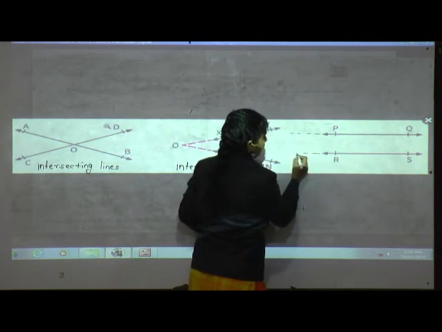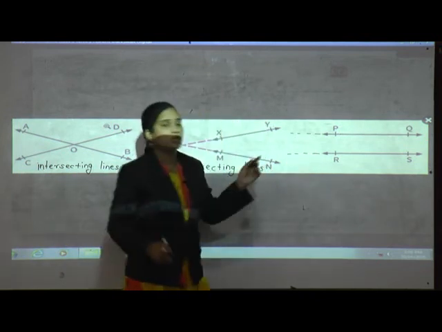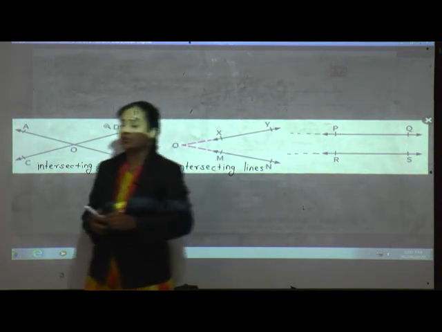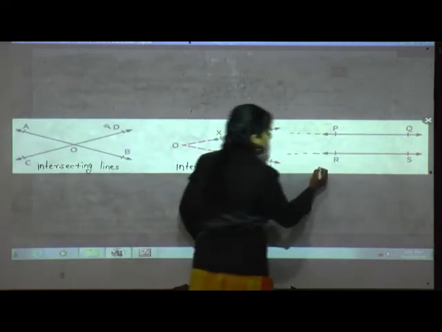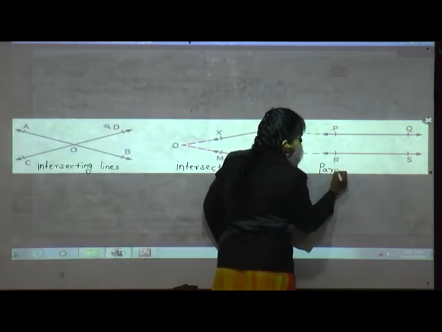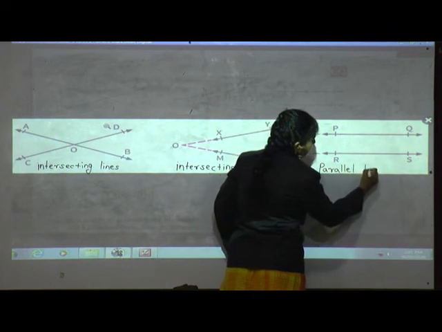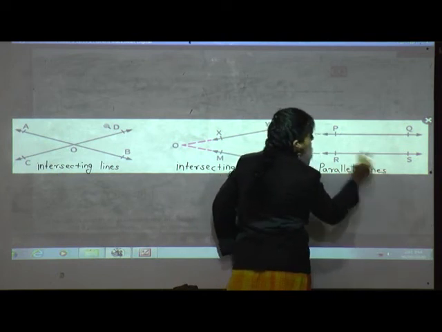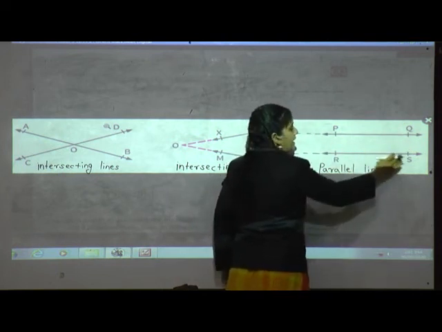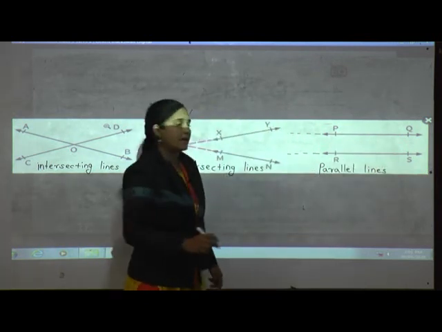So these lines are called parallel lines. So line PQ and RS are the parallel lines.